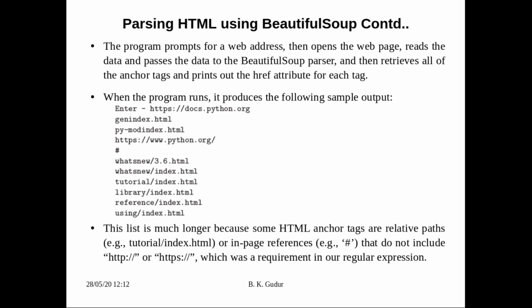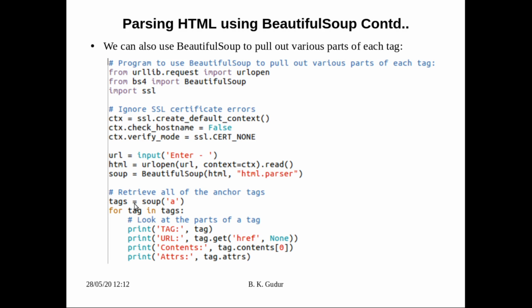And the absolute path indicates that from the home page you should give the link. For regular expression, the requirement was that it should start with HTTP, but here there were no such requirements, because of that you got so many other links, right?